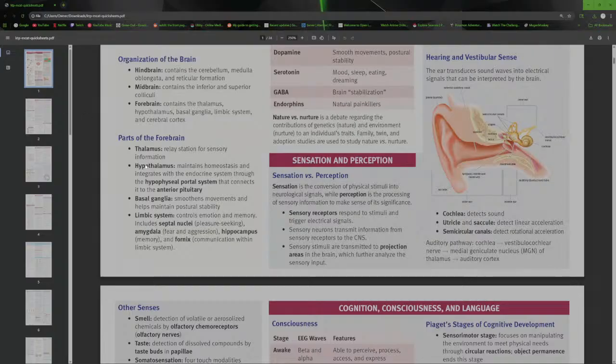And then hypo means below, so below the thalamus is the hypothalamus, which we know considers the four F's and is one of the main sites that secretes endocrine hormones that are tropic and will travel to distant sites.